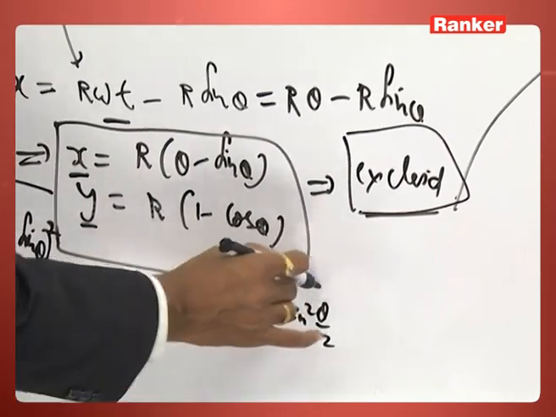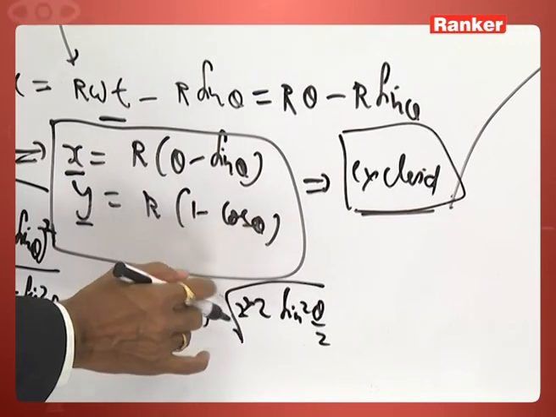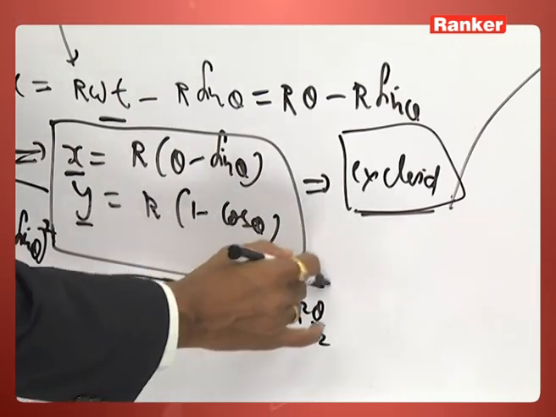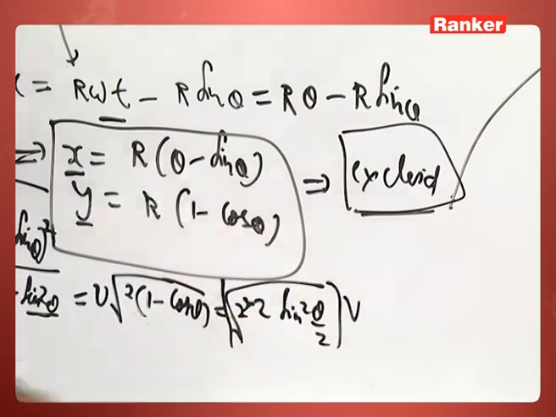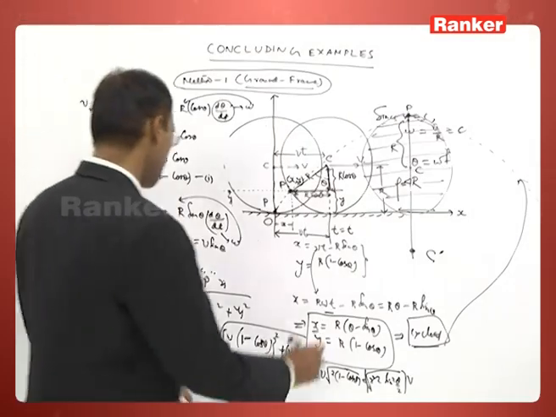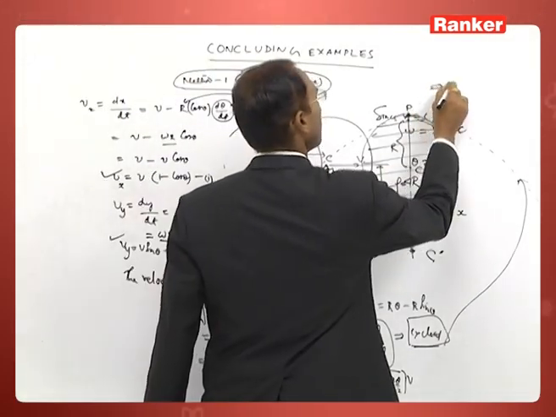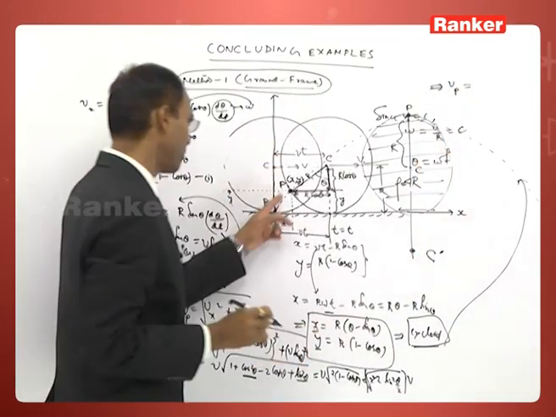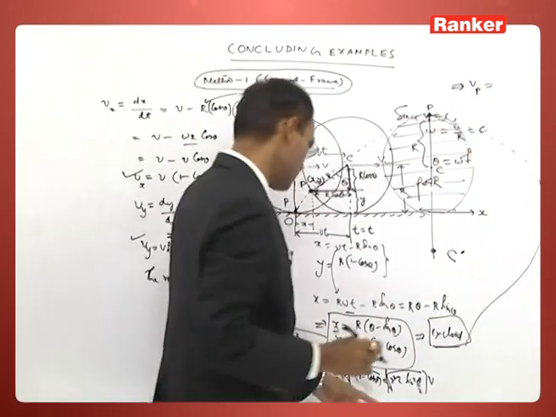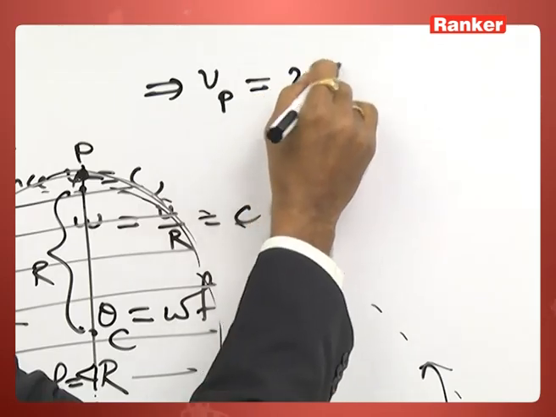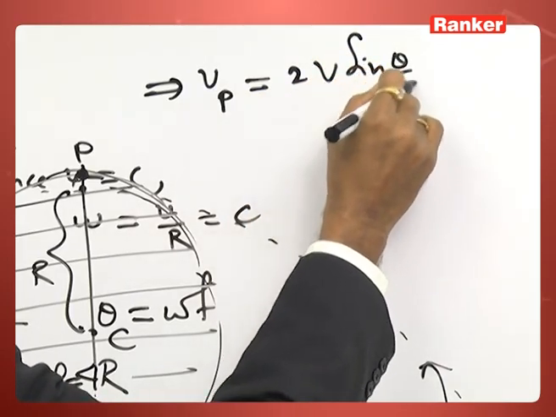So the square root of 2 into 2 sin square theta by 2, whole into the v. This gives us the velocity of the point equal to 2v sin theta by 2.